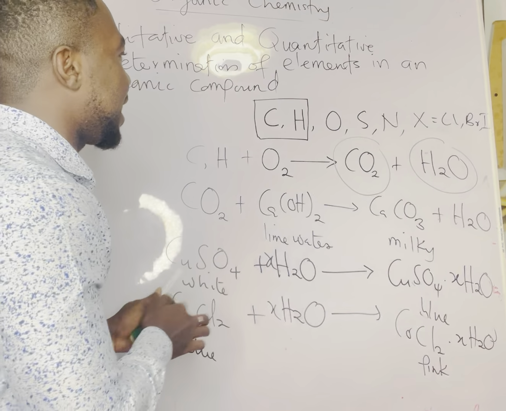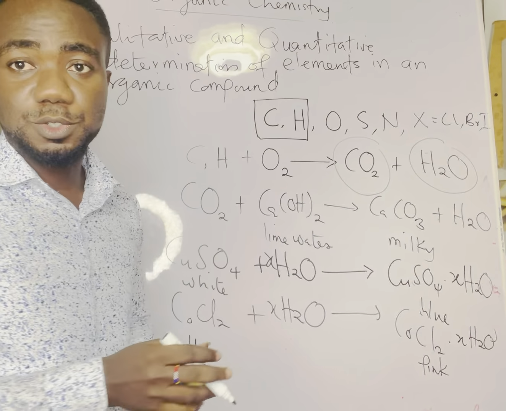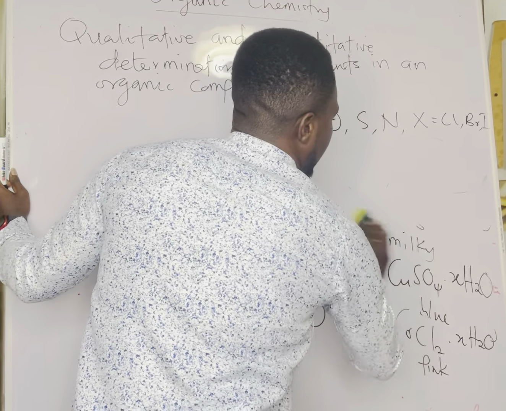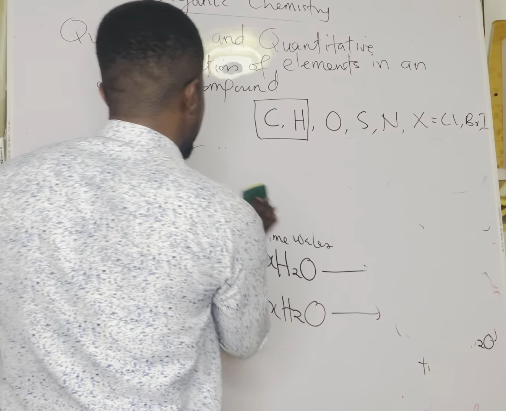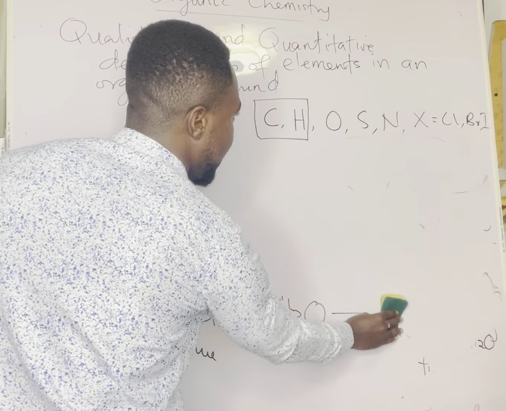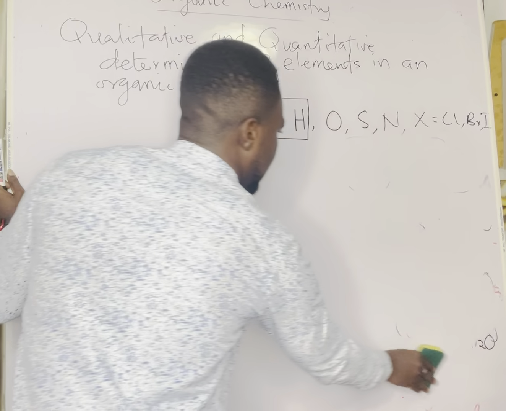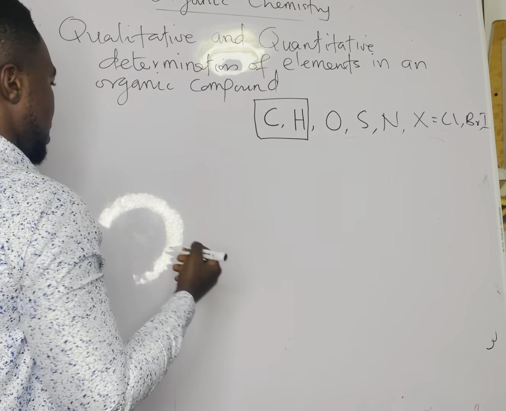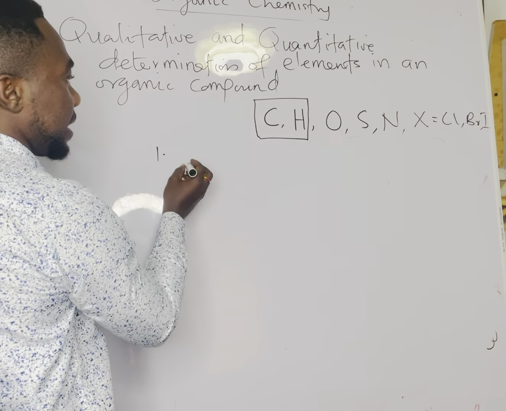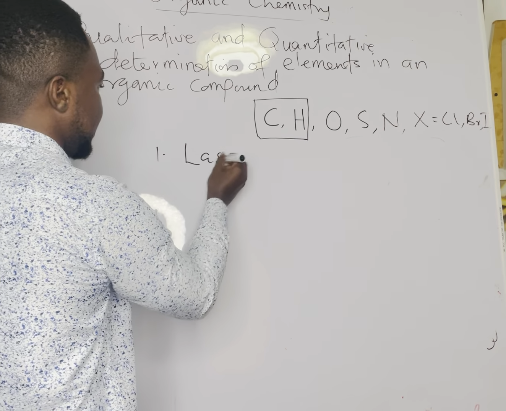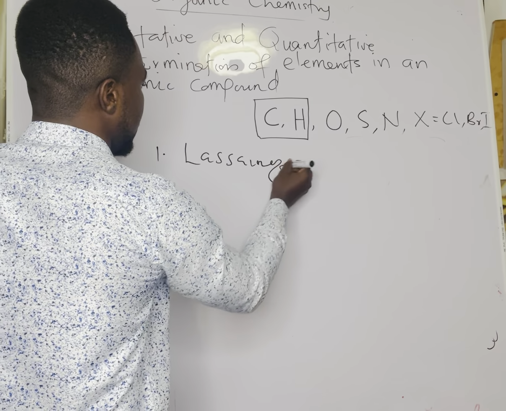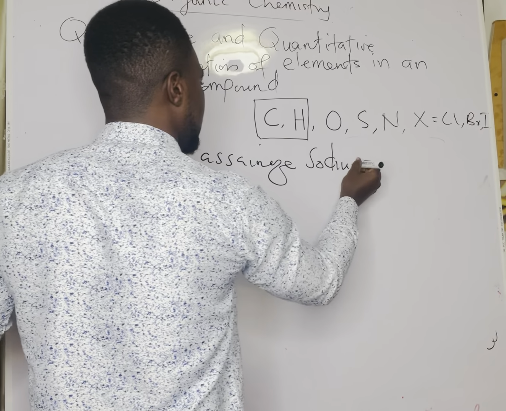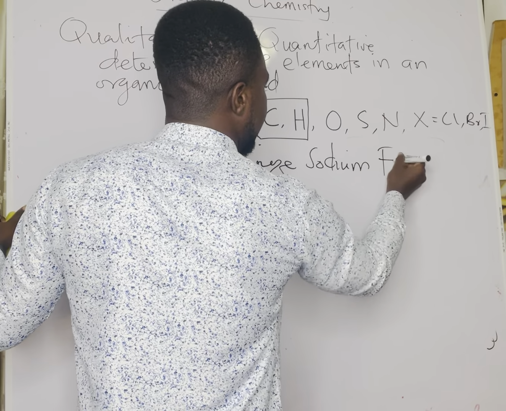Now, let's look at sulfur, nitrogen, and the X group, that's the halogens: chlorine, bromine, and iodine. We have two procedures. Number one, the Lassaigne Sodium Fusion Test.